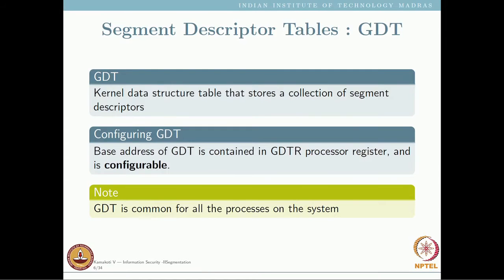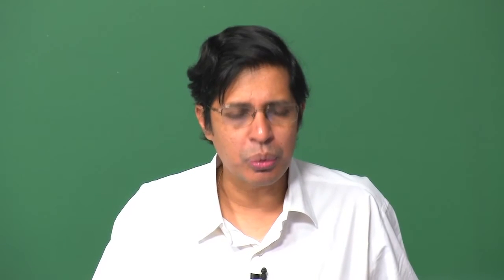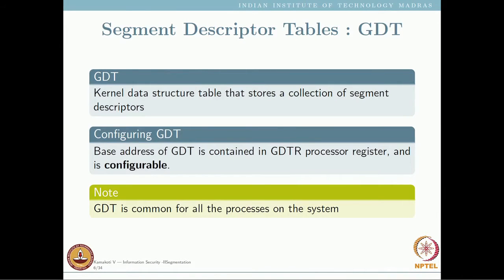These descriptors are stored in descriptor tables. There are two segment descriptor tables. One is called the global descriptor table, another is called the local descriptor table. The global descriptor table typically is used to hold the kernel data structures, and you can load the global descriptor table at any point by using the global descriptor table register.